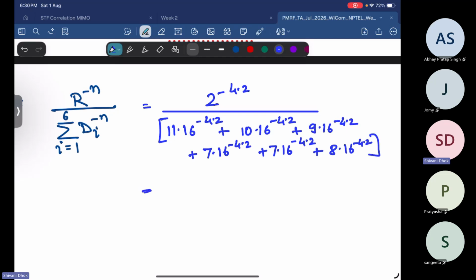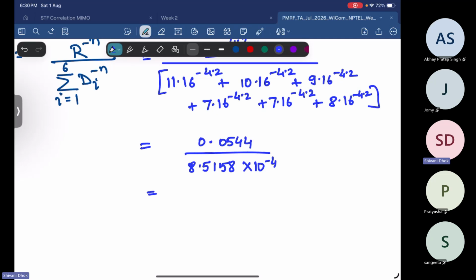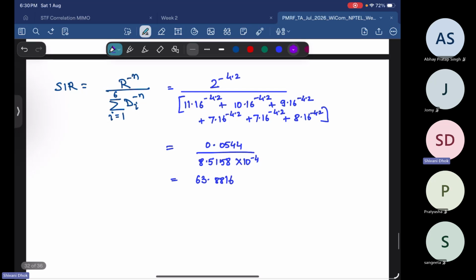The numerator value is 0.0544 divided by 8.5158 into 10 raised to minus 4, and this turns out to be equal to 63.8816, and this is in the linear scale. So again we can convert it to the decibel scale.